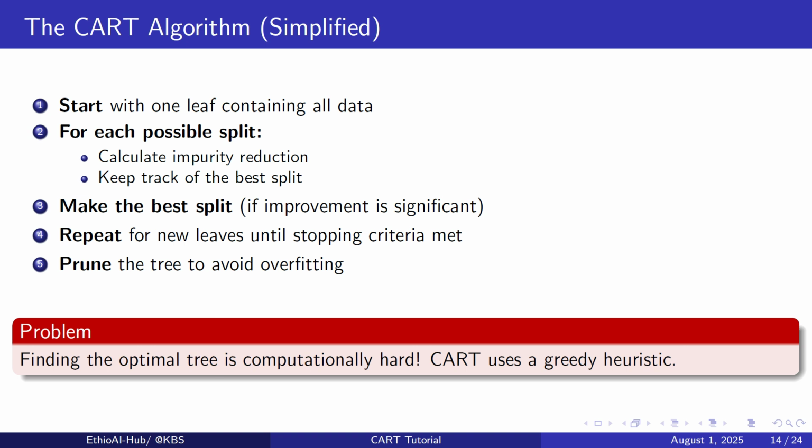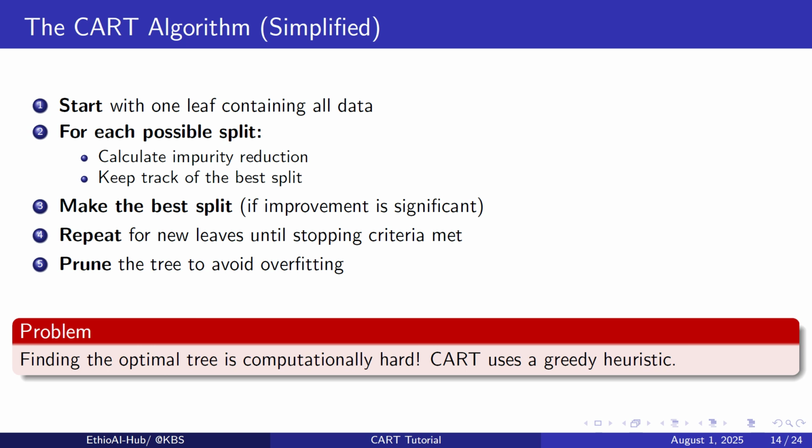In simple words, this is the pseudo code: start with one leaf containing all the data, everybody in one node, and for each possible split, calculate the impurity reduction, which split reduces impurity the most, and keep track of the best split. So in a sense it is greedy, or it will only look for the short-term good variable to split.